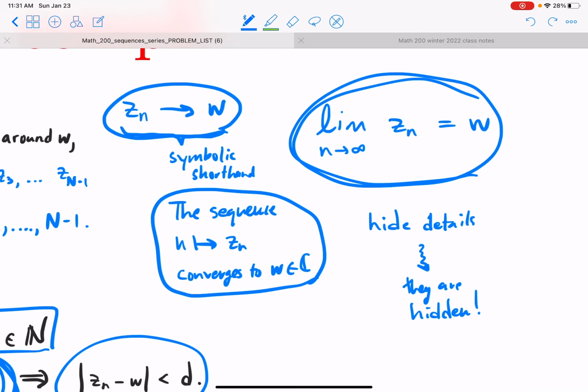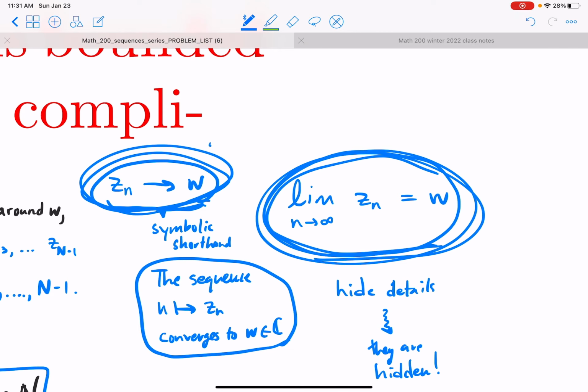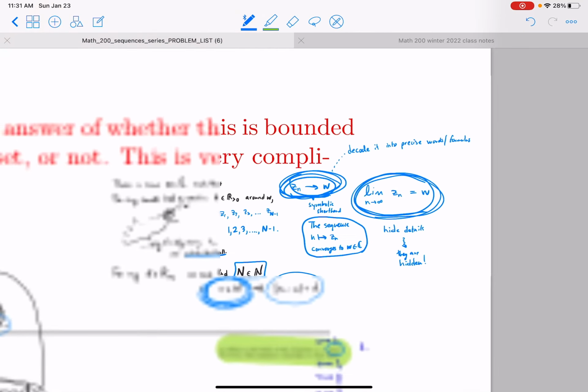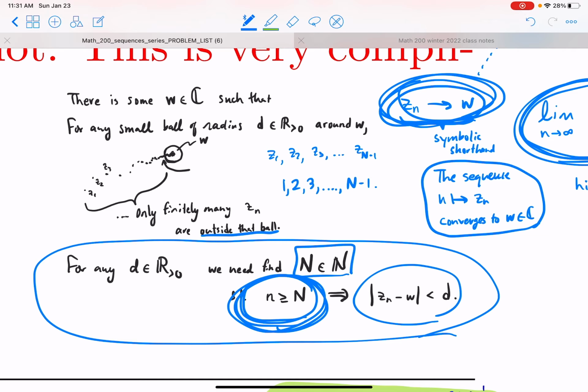And it only becomes useful when these symbols are fast. You can look at one of these symbols and decode it into precise words and formulas. So when I see this symbol, what I think is this right here, or I think this.